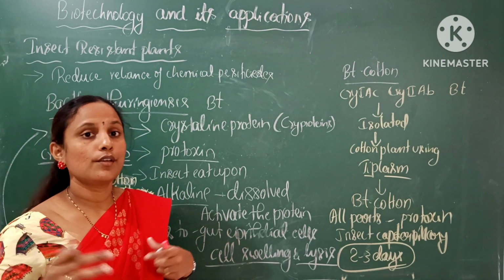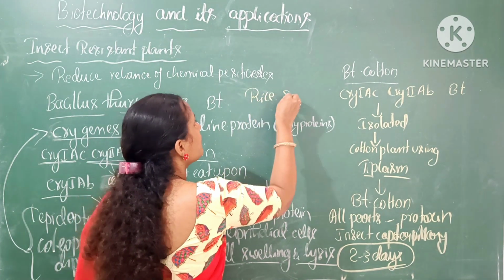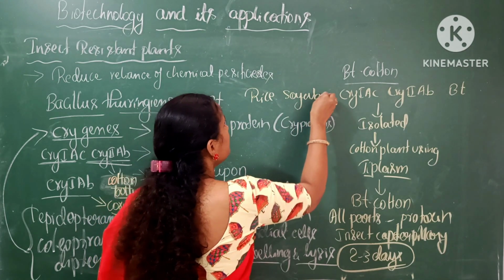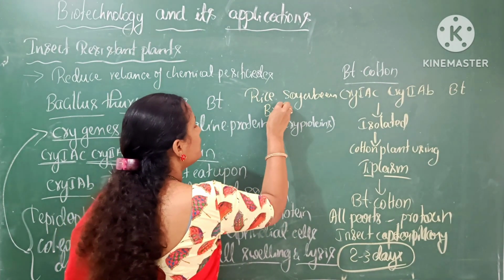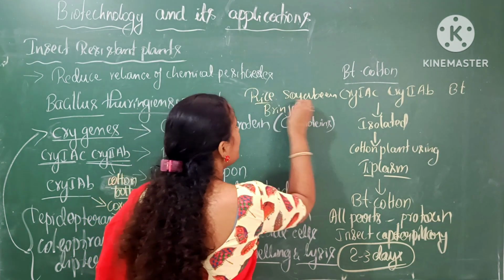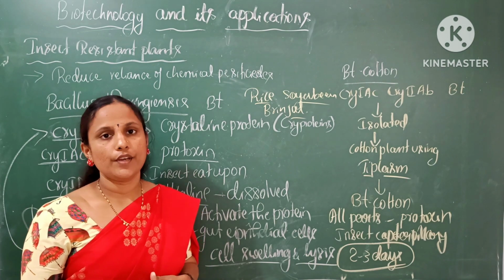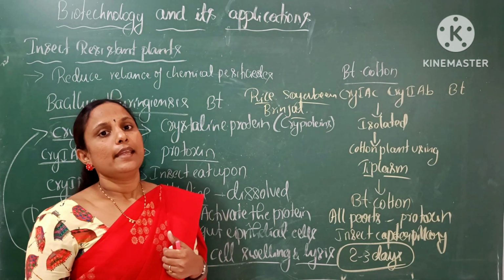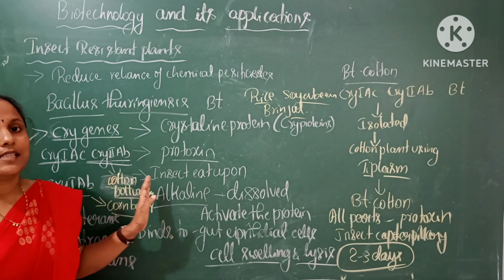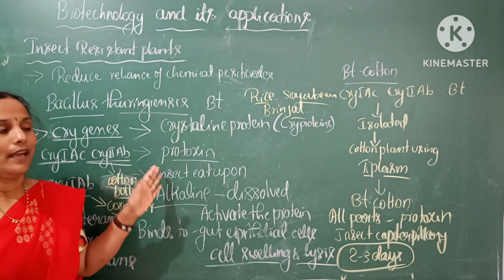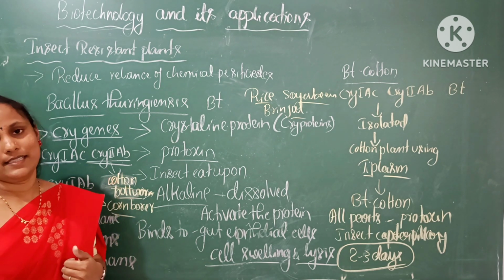Cry genes have been introduced into other plants also, for example rice, soya bean, then cotton, brinjal. Likewise, in many plants, they have induced insect resistance by transferring the genes of Bacillus thuringiensis. That's all about the production of insect resistant plants. And we shall take up the next class, the production of pest resistant plants.